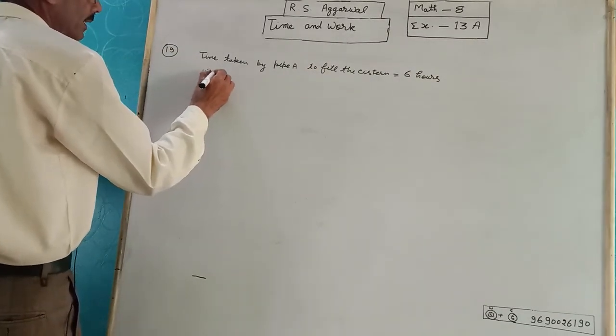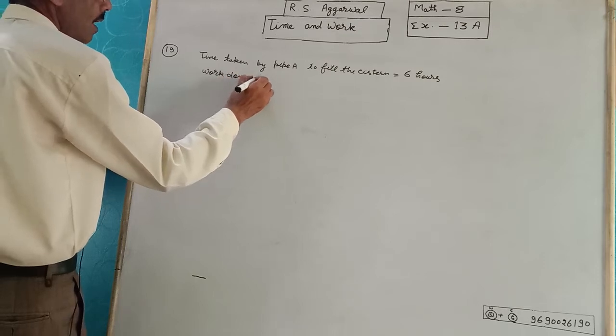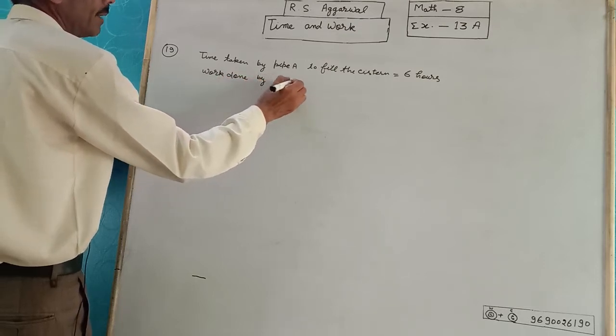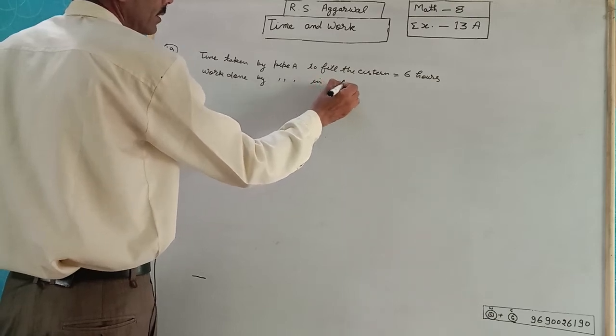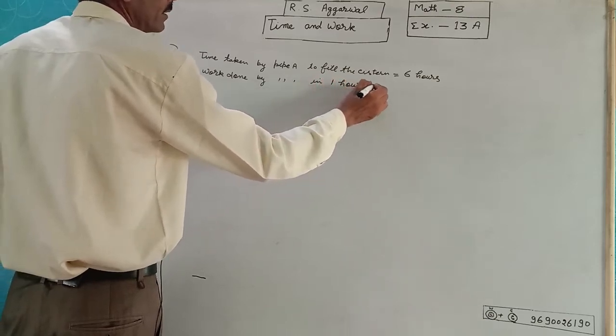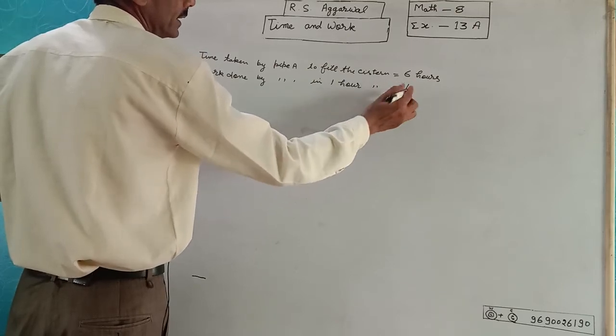Work done by pipe A in 1 hour is equal to 1 upon 6.